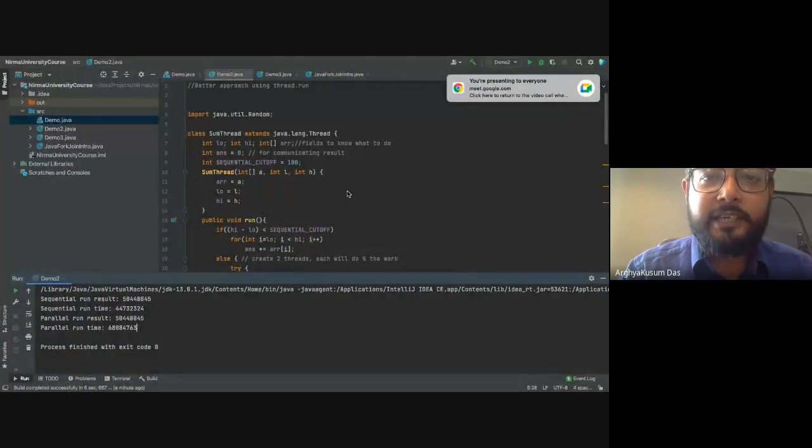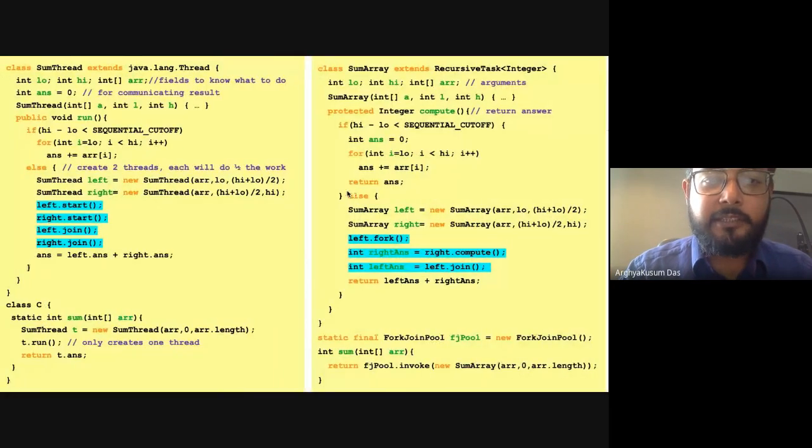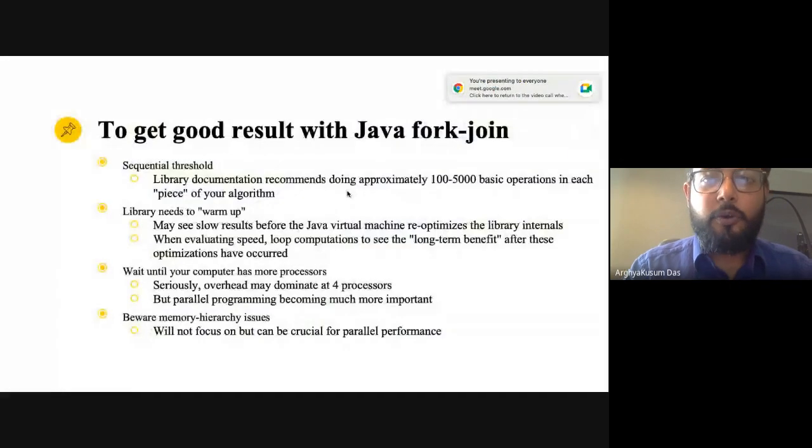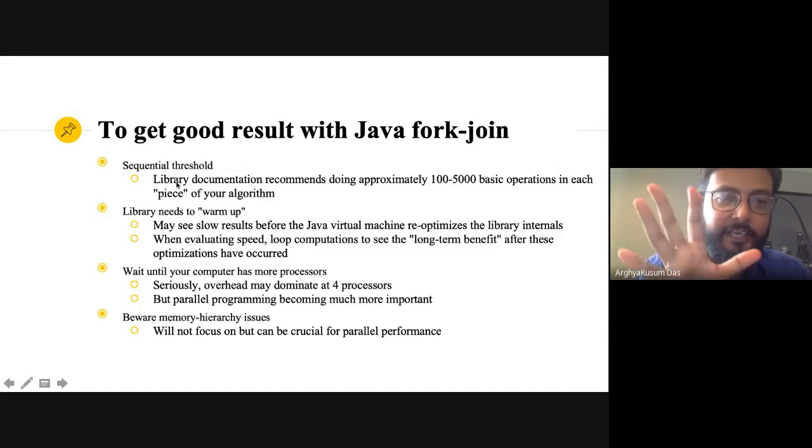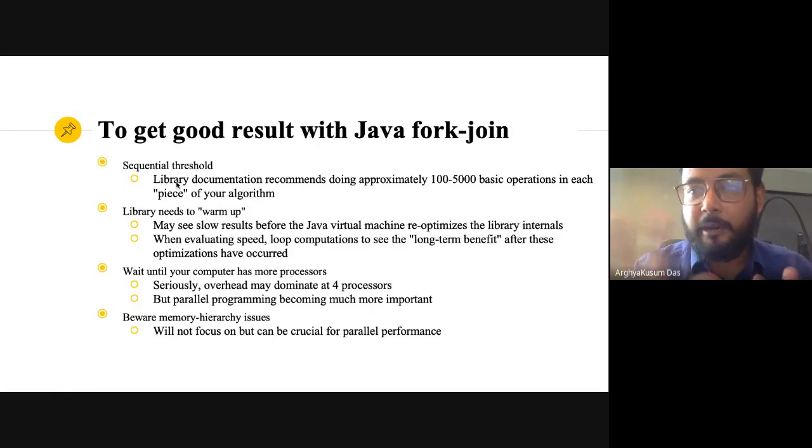So this is the Java program. Now, to get good results with Java fork and join, you have to remember to take care of the sequential threshold very nicely. You have to try with different numbers and come up with those values. Also, you need to know that the library needs to warm up always. You may see poor results before the Java virtual machine re-optimizes the library internals.